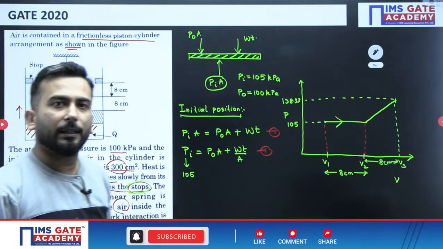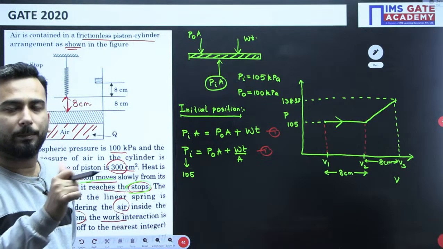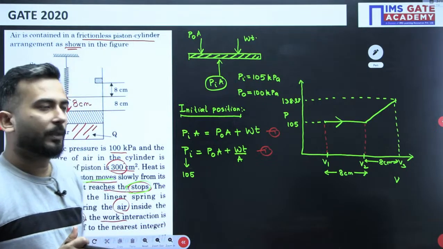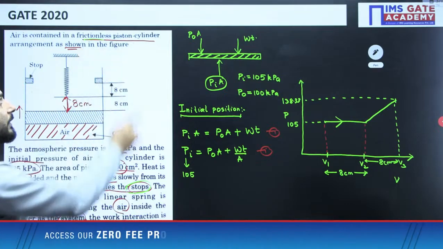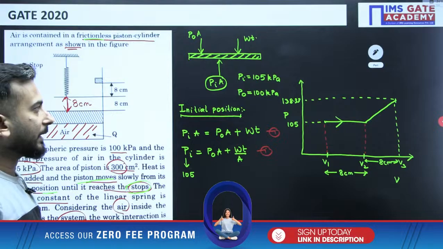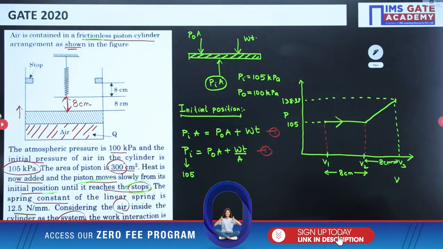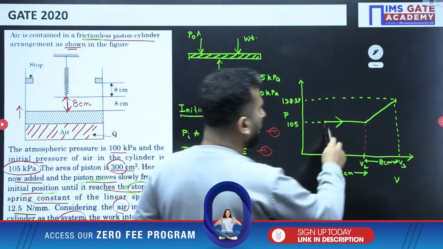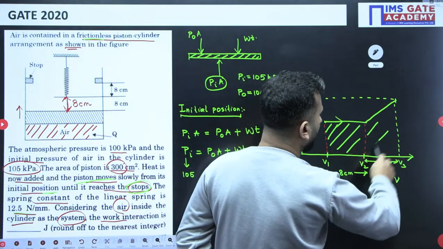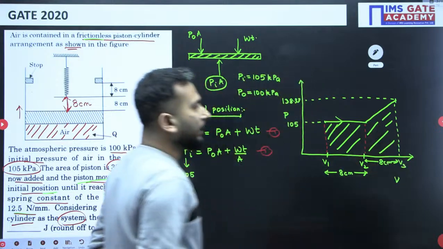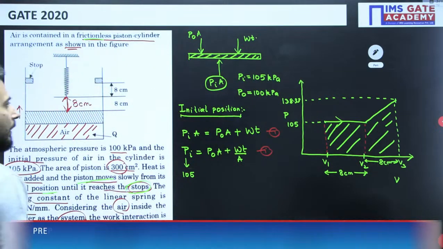Because the area under the PV diagram will give you the work, and it is for reversible processes. He has clearly mentioned frictionless, that's why I can use PdV work, which is applicable only for reversible processes. So now my job is only to find the area under the curve, and that will give me the work done.